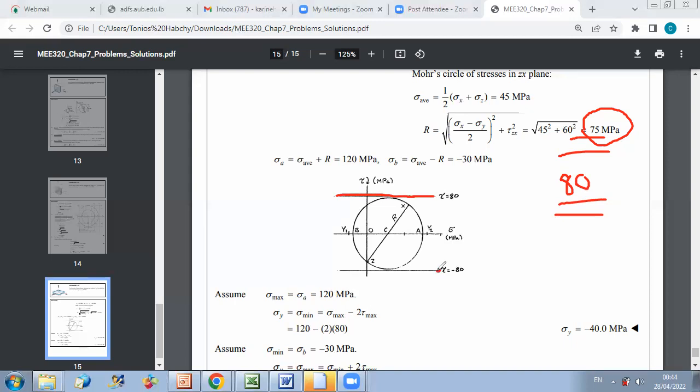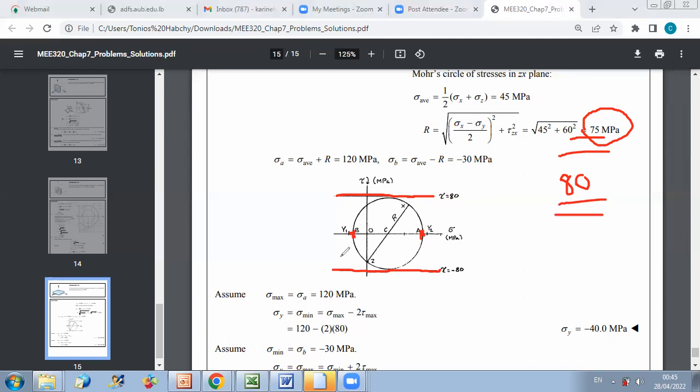Now, I already know two points A and B, which are the principal axes. And I know that Y is the third principal axis, because no shear: tau xy and tau yz are 0. So Y is the third principal axis. Now, you have two possible scenarios here.